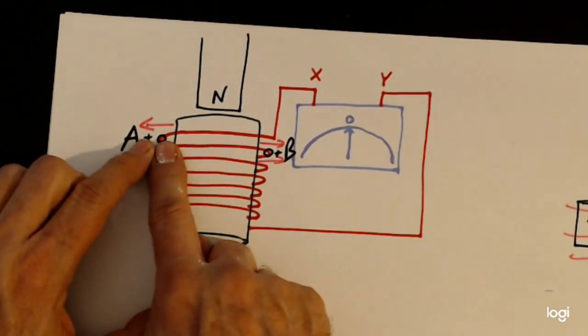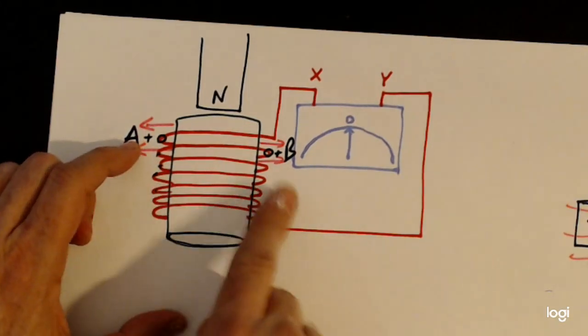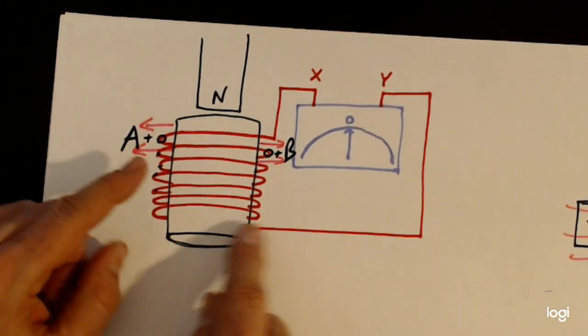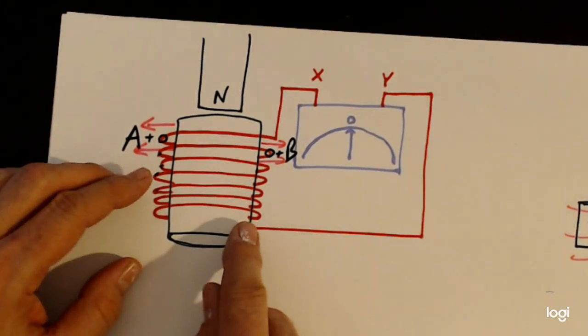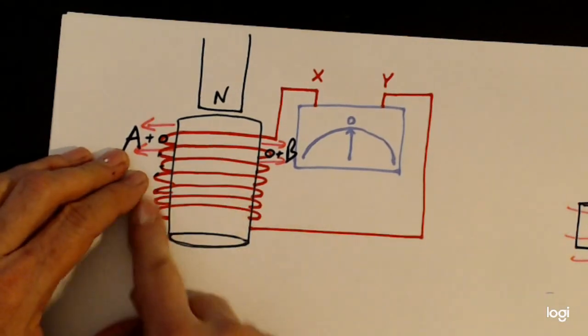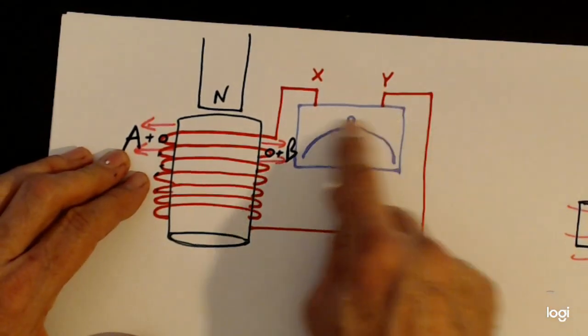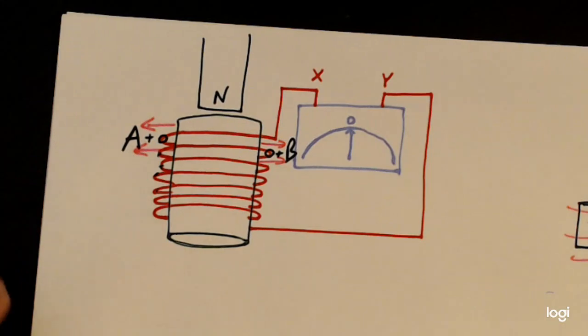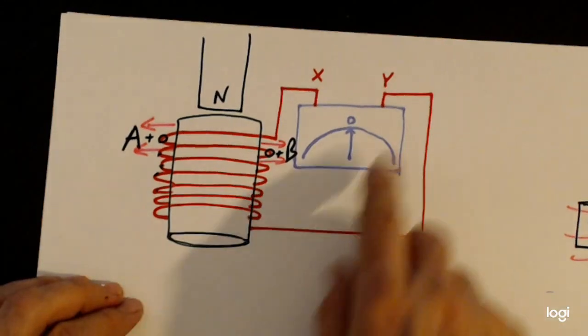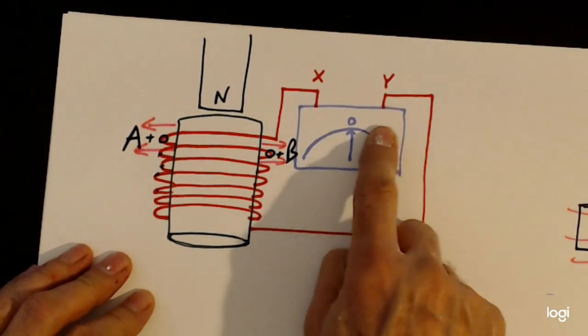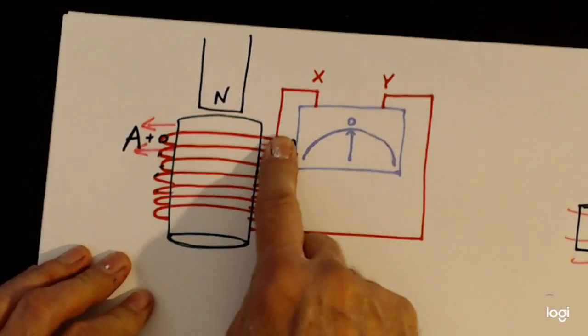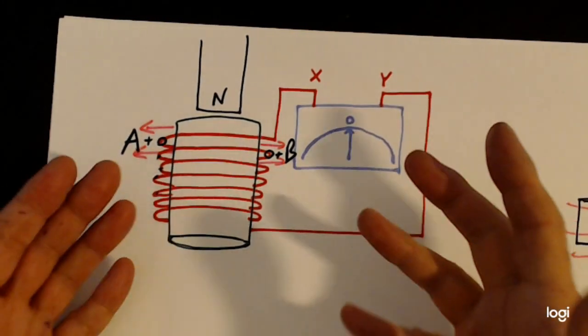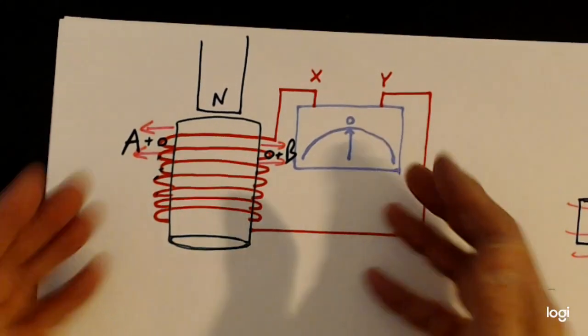So if A is going into the page, all of the other charges are going to agree with it, and that's going to create a current that goes in the direction from Y to X, right? When it's inside the galvanometer. And the information in the question said when it goes from Y through the galvanometer to X, the needle moves to the left, so the needle moves to the left. All right, so that's what you have to say.